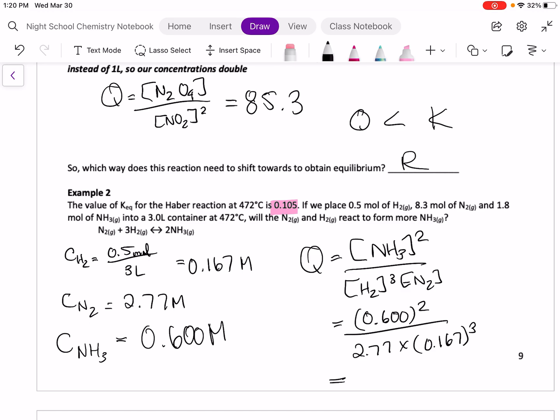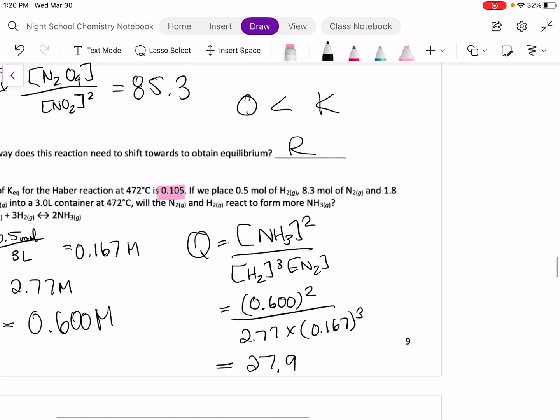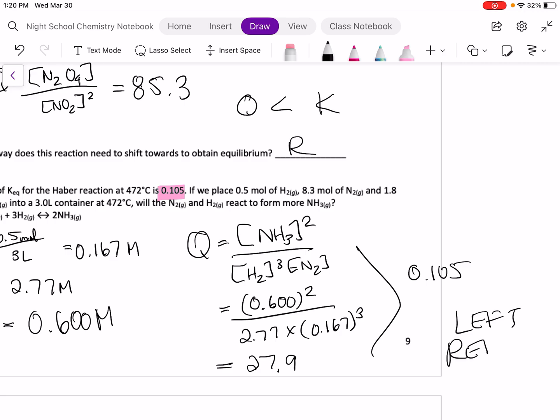This gives me 27.9. I compare this value to my K, which is 0.105, and I can see that Q is greater than my K. That means that my reaction will proceed to the left towards my reactants.